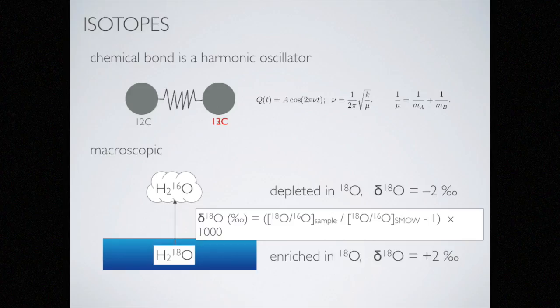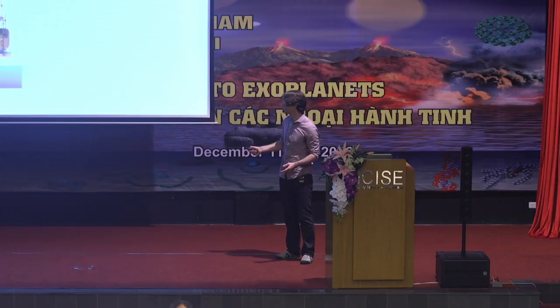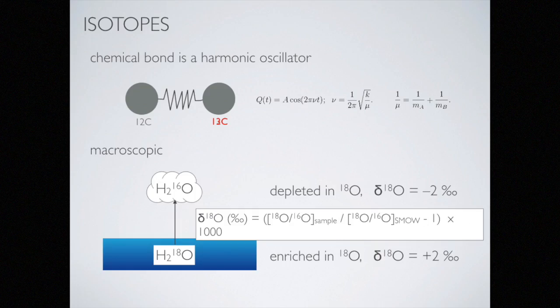One macroscopic example that you can show is, for example, the Earth's ocean. It has a certain ratio of oxygen-18 to oxygen-16. When water evaporates, the lighter water evaporates slightly faster than the heavy water, and therefore the ratio in the ocean will change, and the ratio in the atmosphere will also change.